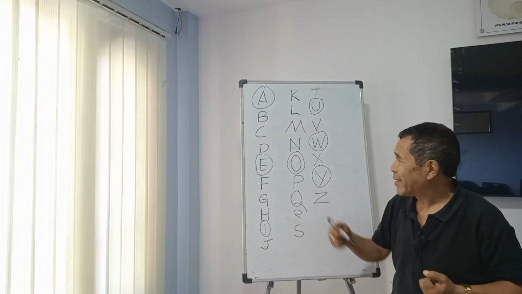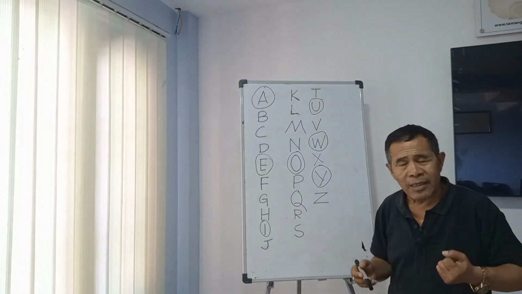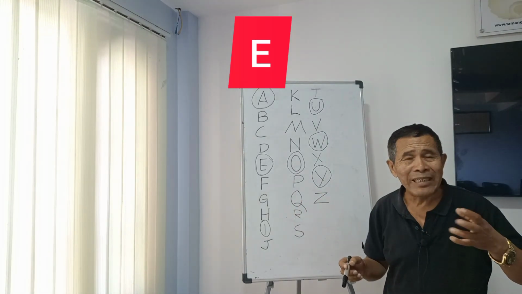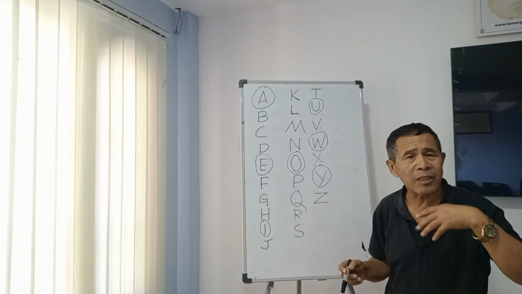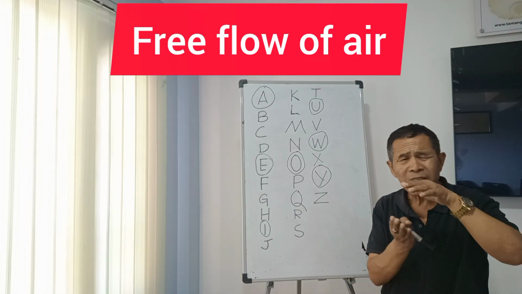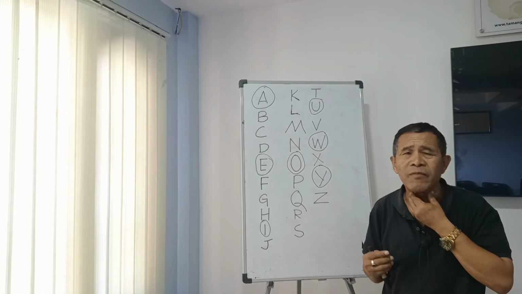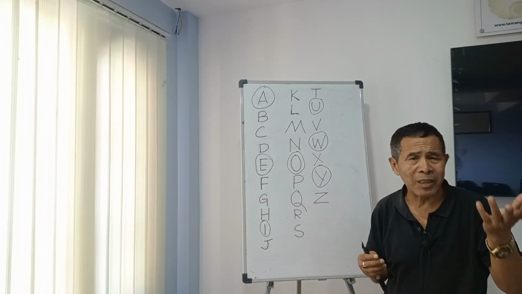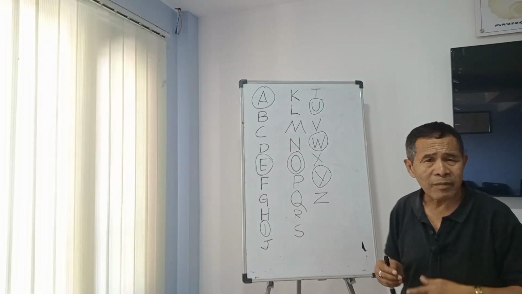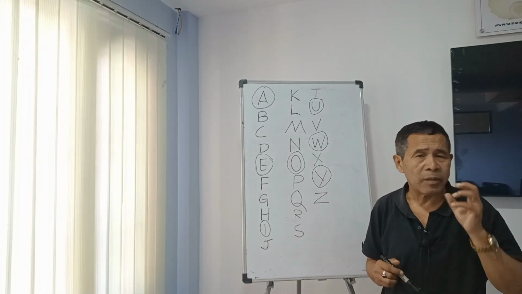Again here, E. When I produce this sound E, there is a free flow of air. There is minimum friction; my lips, teeth and tongue are not used, you see.